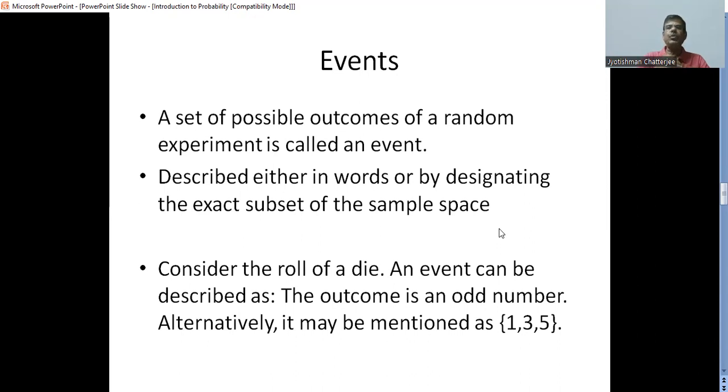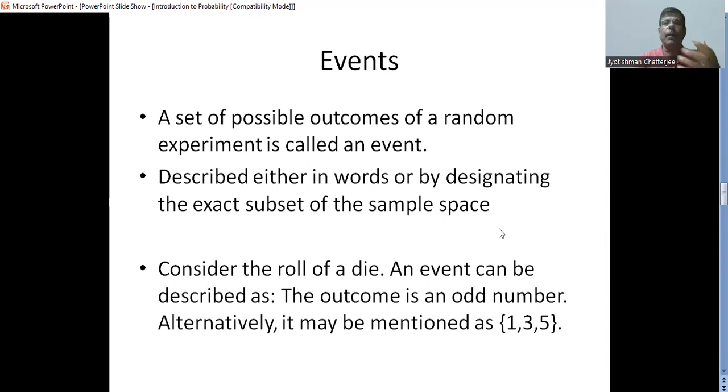After having understood what is sample space, let's get into events. What is an event? It's a set of possible outcomes of a random experiment. We have already defined the set of all possible outcomes as the sample space. And what is an event?